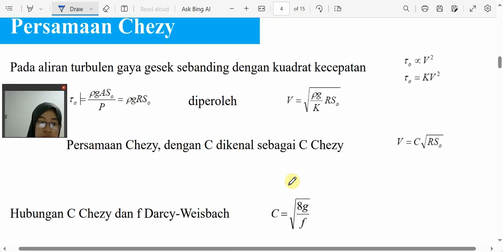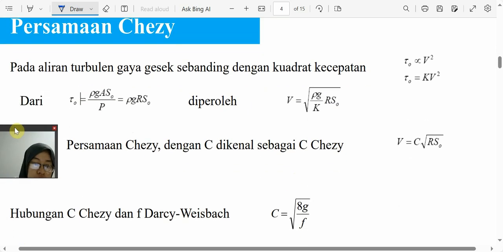Now, the first equation that considers the roughness in the calculation of the velocity is what we call the Chezy equation. This Chezy equation is very famous; we are still using it until this time when we calculate the velocity, or the discharge, in open channels.